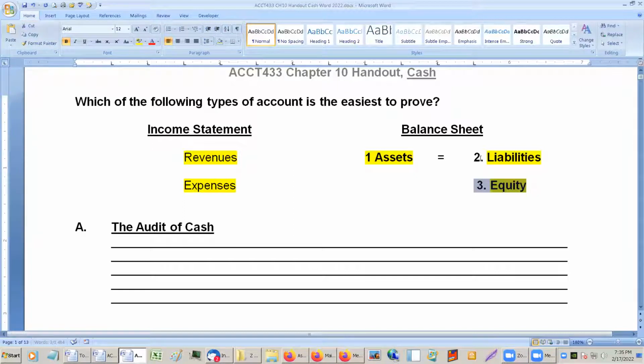So if you prove the assets and then go to the liabilities and prove those out and get comfortable with those, that they're not misstated, well, by default, the equity must be okay, right? If you're okay with the assets and you're okay with the liabilities, since those are the two sides, the assets equal the liabilities plus the equity, then the equity must be okay.